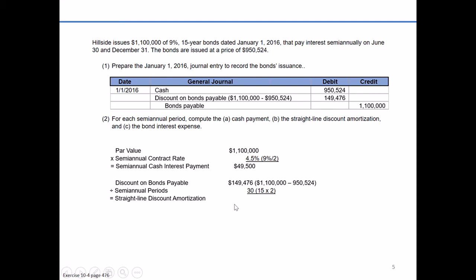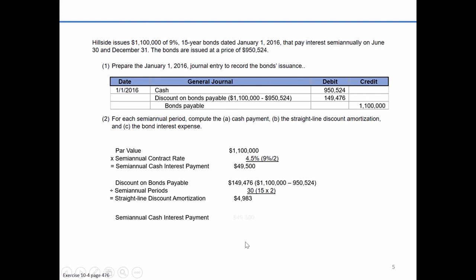$149,476 total discount divided by 30 periods means every single individual period we're going to have straight line discount amortization of $4,983. Then we'll look at these. Again, I mentioned before that the amortization of the discount is going to increase the cost of this particular bond because they received less initially than what they're going to have to pay back at the end of 15 years.